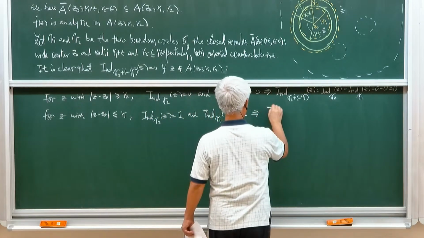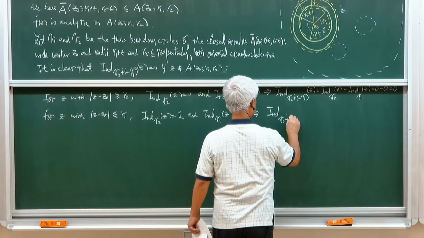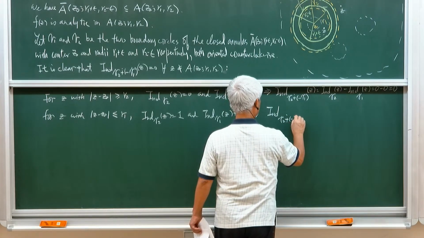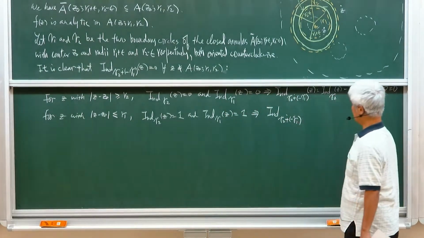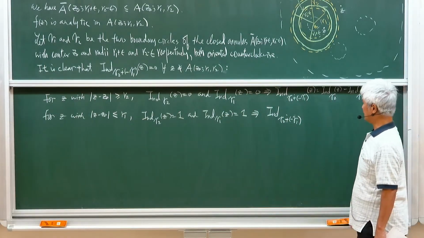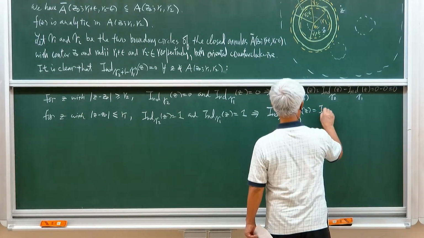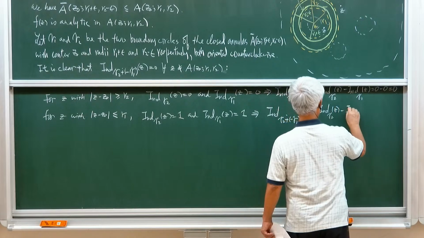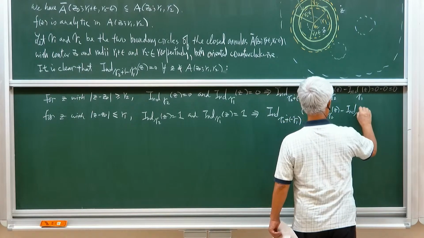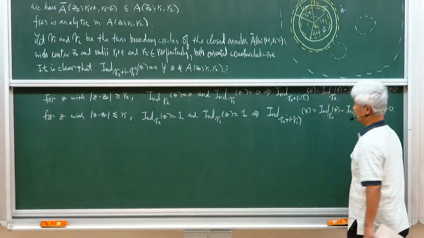Which implies that the index of the cycle, okay, so the cycle is just gamma 2 plus minus gamma 1. So this index will be 1 minus 1, which is also equal to 0.